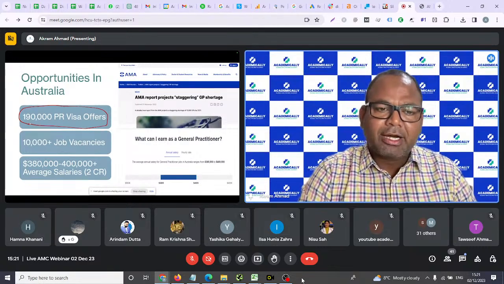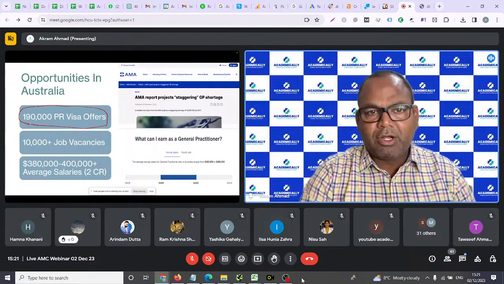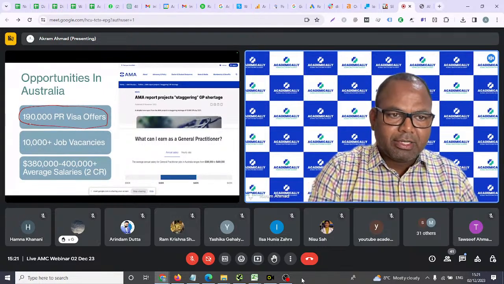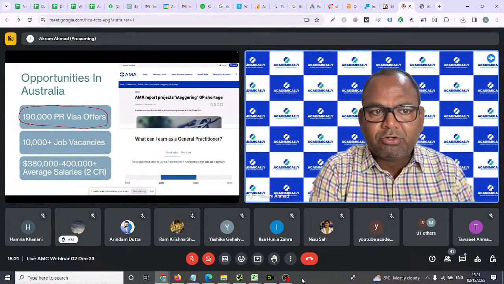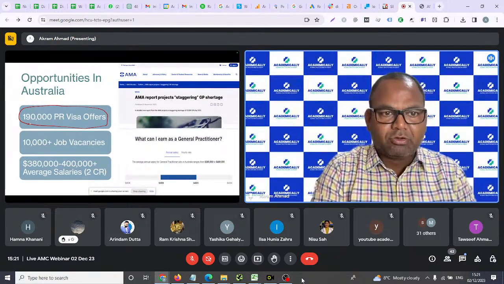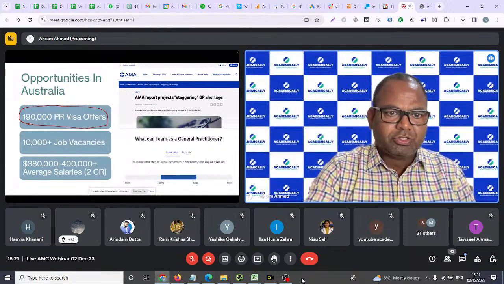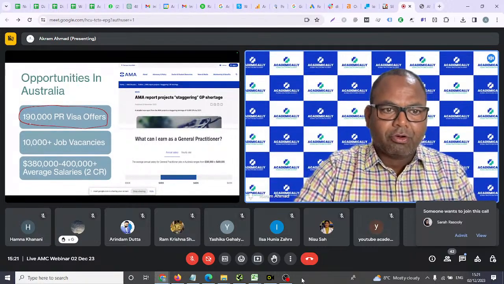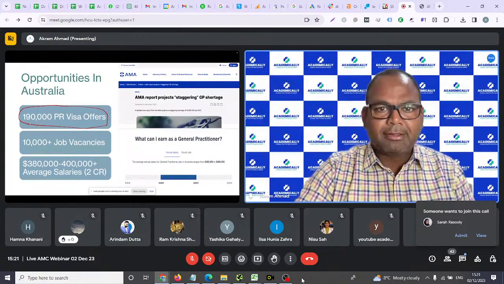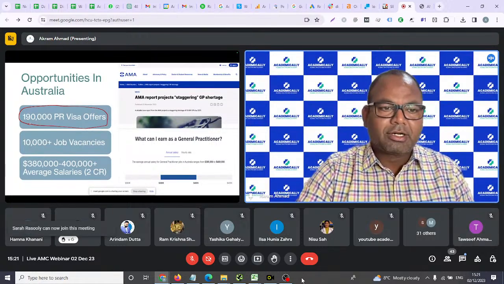So it might take around 8 years to settle down in the UK. But in Australia, if you pass this exam, you are immediately eligible to apply for a PR visa. Australia provides 190,000 PR visas every year. This is good in that case. And in the case of the US, it is very difficult to get the green card.